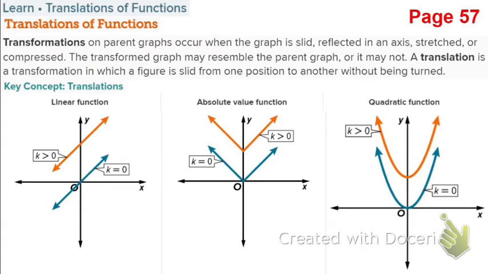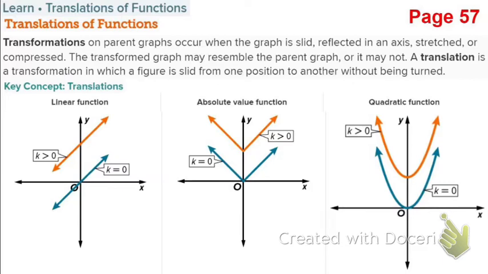While you're looking at example 1, I want to talk for just a moment because there's 2 pieces when we're talking about translations. If I'm shifting things up or down, we call that part of our transformation the K value. Looking at these 3 right here, these have all been shifted which way, up or down? Up.